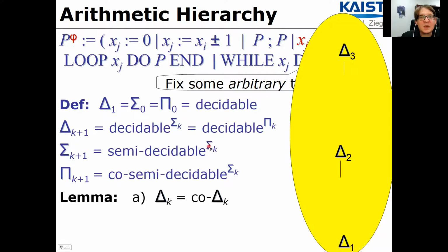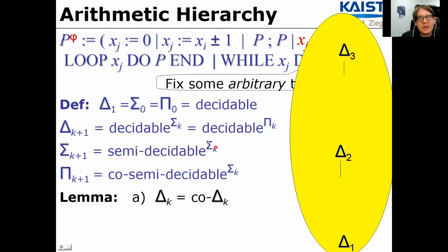Because as we'll see and prove by induction and already see here, this is the complements of the sets that are semi-decidable, the complements of the sets here. And now recall that the oracles are closed under complement.